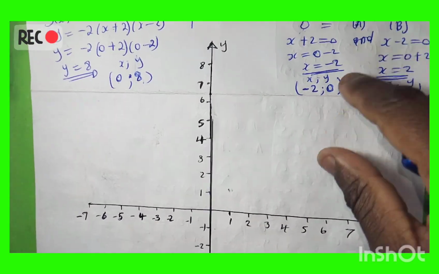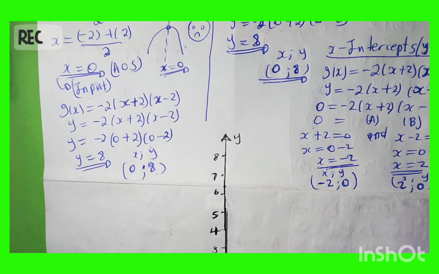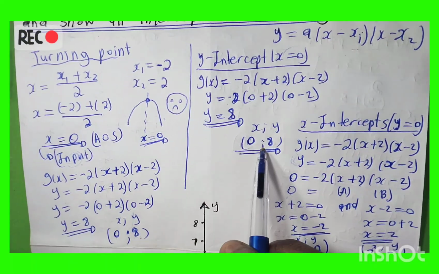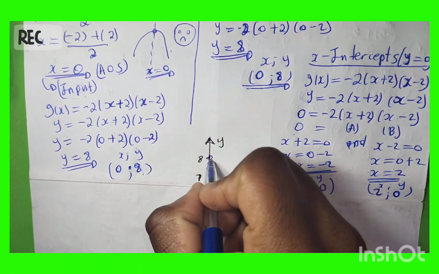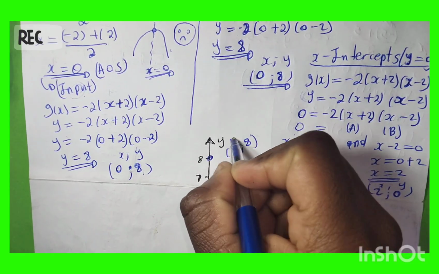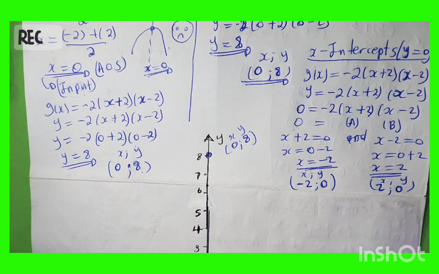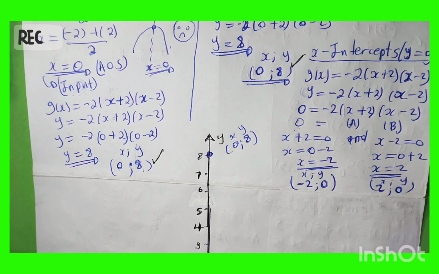So let me go and plot these points, guys. Here's my Cartesian plane. I can plot this point as the y-intercept, when x is 0; that is my y value. This point I plotted. I like to mark, guys, when I plot, to show that I have already plotted that one.